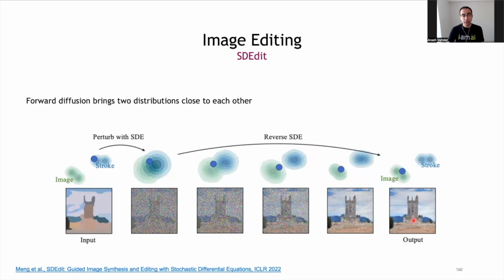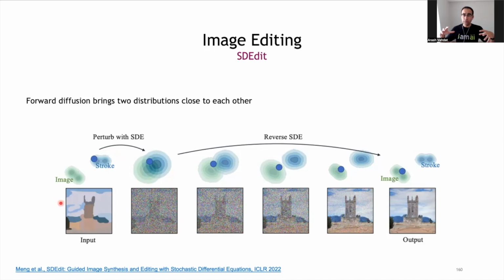The main intuition or the main idea in this paper is that the distribution of real images and the distribution of stroke painting images are two different distributions. These two distributions have some mismatches, they're not the same, and in the data space they are not completely overlapping each other because of these differences.